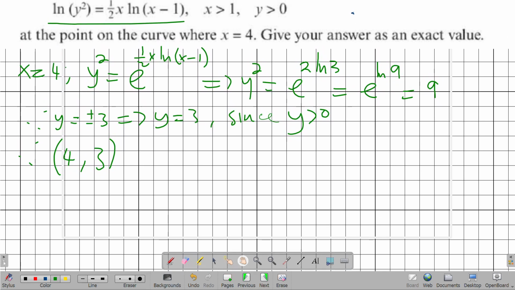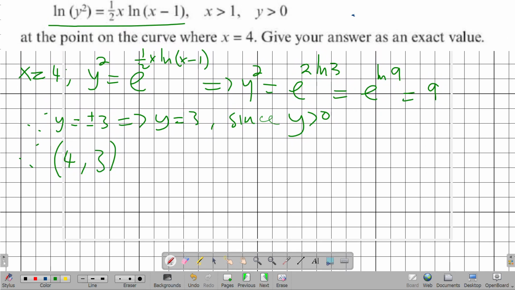We need the derivative, so we differentiate across. So remember, natural log of y squared is written as 2 natural log of y, which is equal to half x natural log of x minus 1.